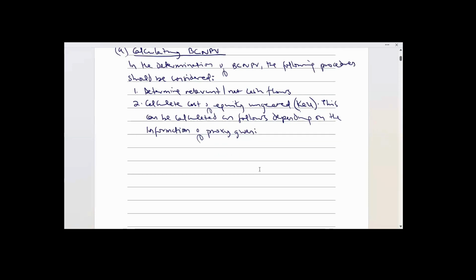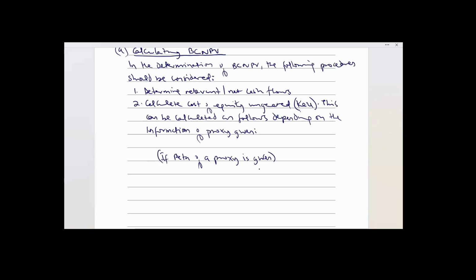The first way is that if you are given beta of a proxy, so if you are given beta of a proxy, then how do you calculate your cost of equity on gear?